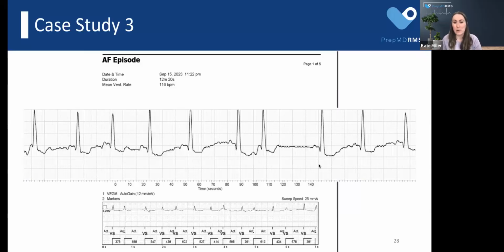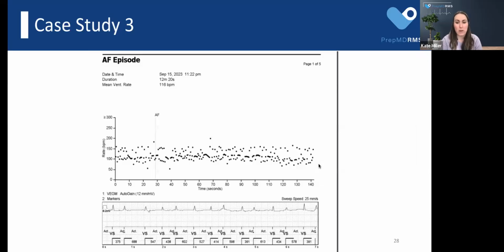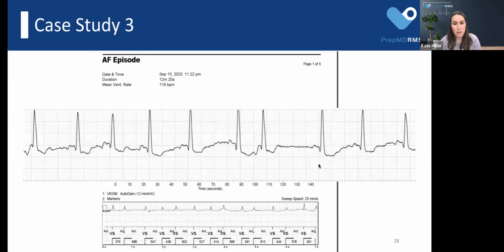This is a really good example of where that plot is a little bit deceiving, because there's just some natural irregularity with their rhythm. We're seeing a lot of ectopy, but again, not jumping to conclusions, using all of our tools and that systematic approach, we can see there are clear P waves in this. So this is sinus in origin. It's definitely not AFib, which is good for the patient.